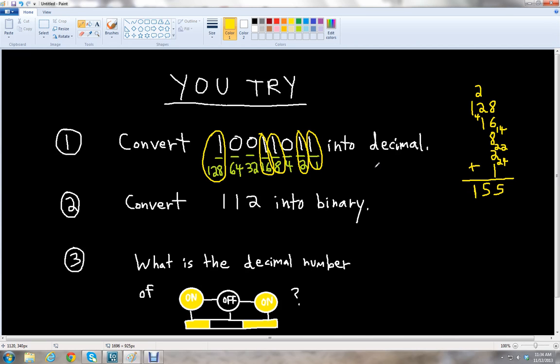So this number, 10011011, would equal 155.